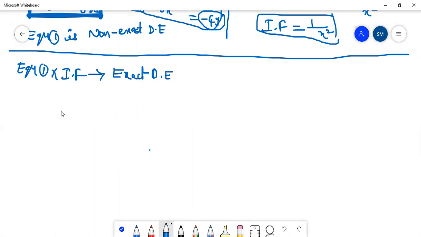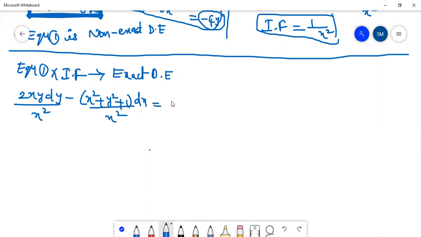The given equation is 2xy dy minus (x squared plus y squared plus 1) into dx, divided by x squared, equal to 0.